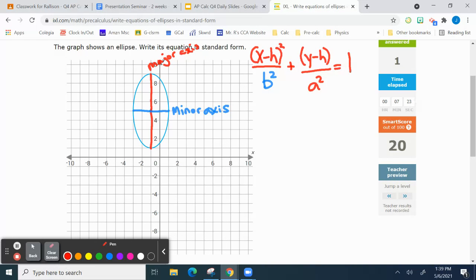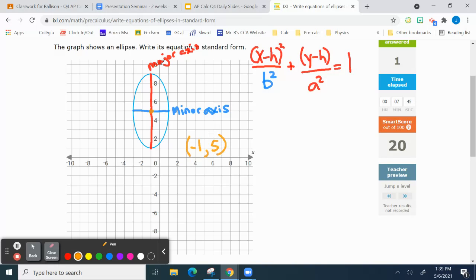All right, now we got to find the center, and we can find the center. They gave us the center, but even if they didn't give us the center, if we knew the vertices, we could draw a line through that and find it, whatever. So there's the center, and the center is what? -1, 5, right?